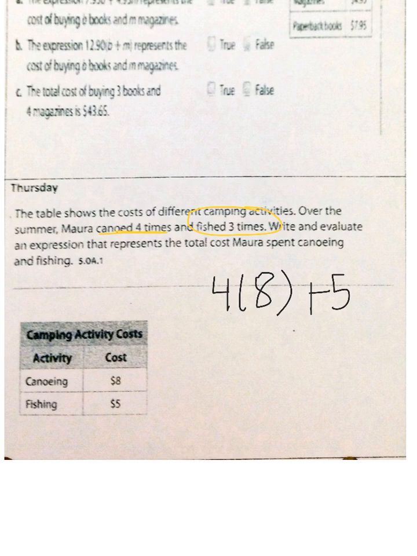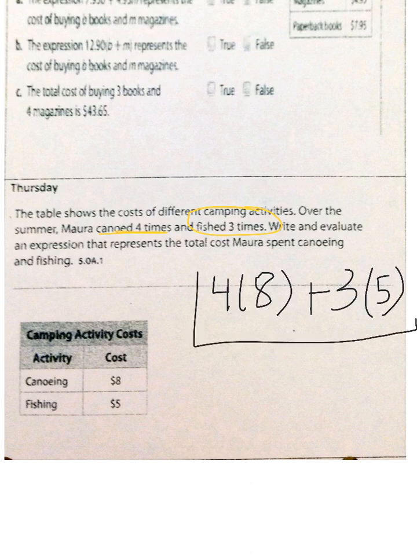I'm just realizing I made a mistake. Erase. She fished 3 times, so it's going to be 3 times fishing was $5. So 4 times canoeing at $8 plus 3 times fishing at $5. So that's the expression, part 1.